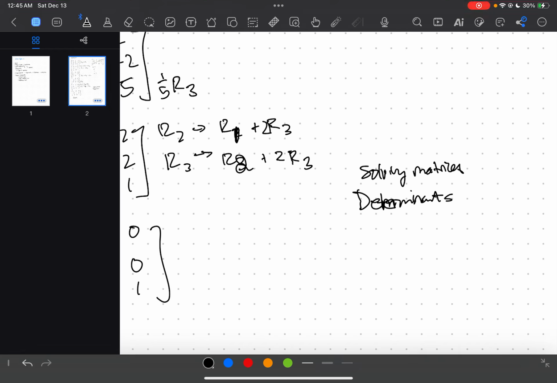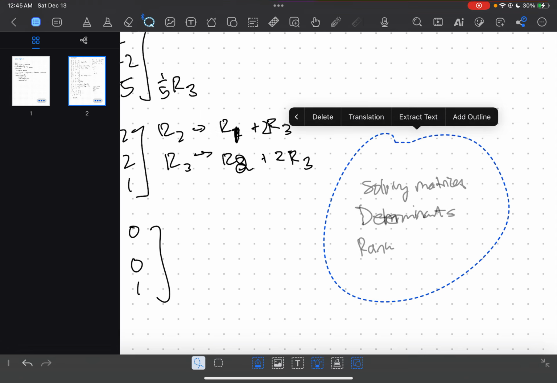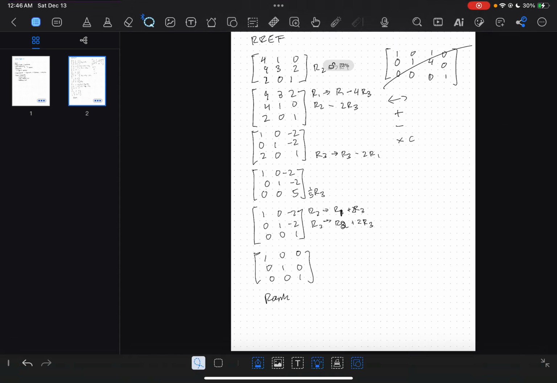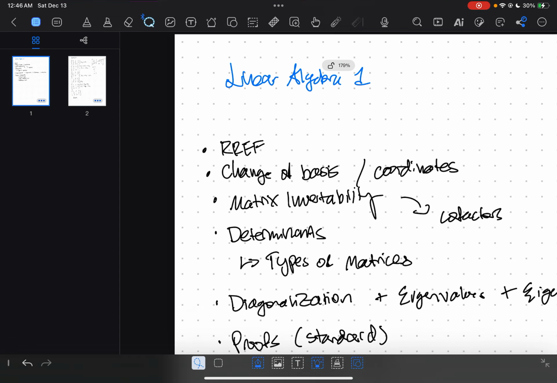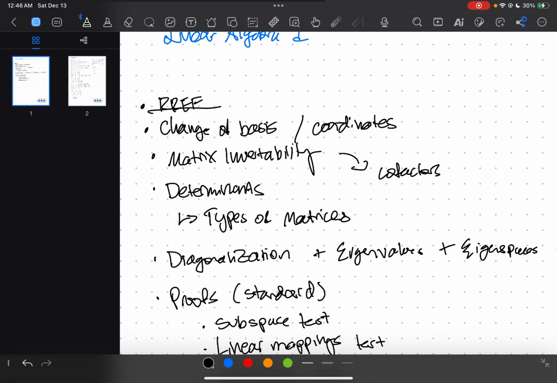They asked you to explicitly do RREF on the final and midterm, and like rank problems. There's a whole bunch of stuff. So make sure you do these. They're gonna have high ROI. So we covered that one. Change of basis and coordinates.